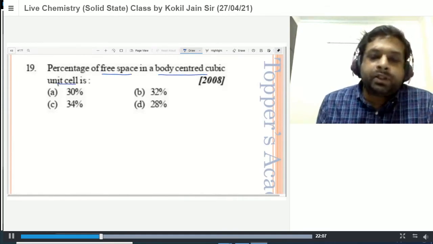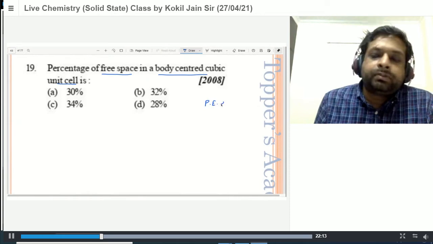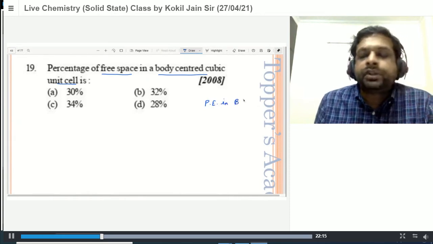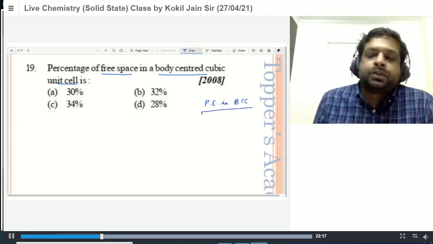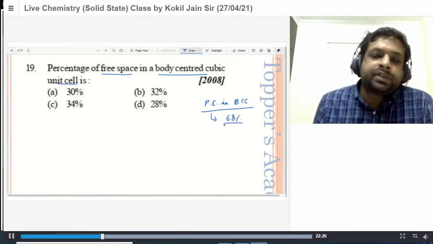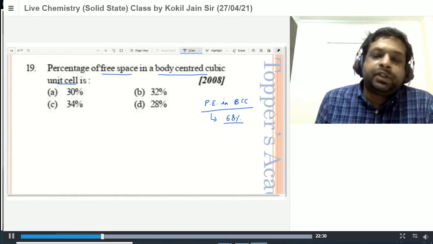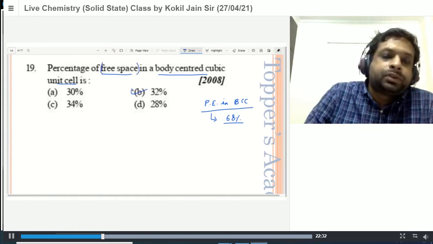If you remember the last class, the packing efficiency in the lattice, the value of n is 4, so the number of formula units is 4. Can you do this problem, Vaidehi? Okay, try to do it.